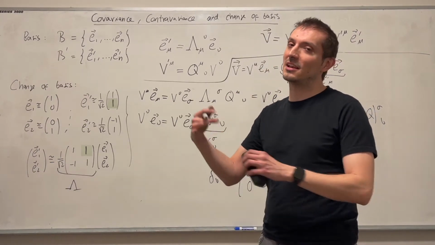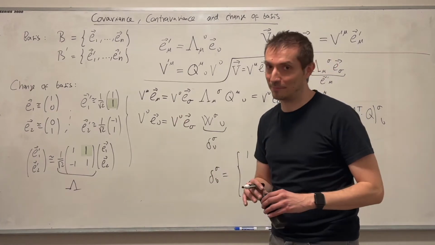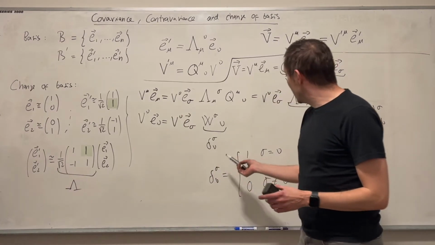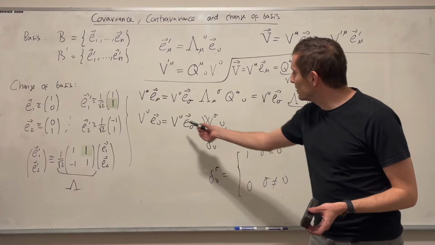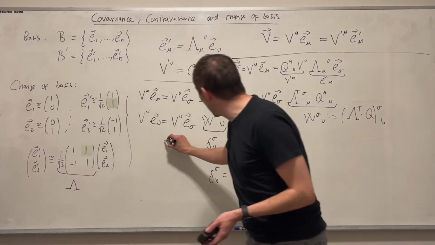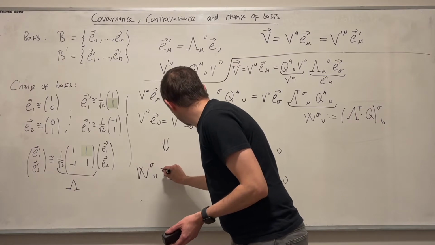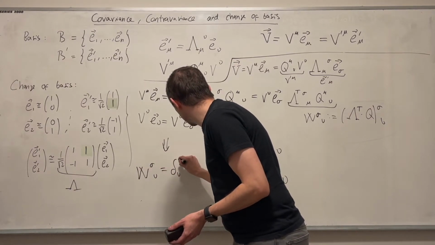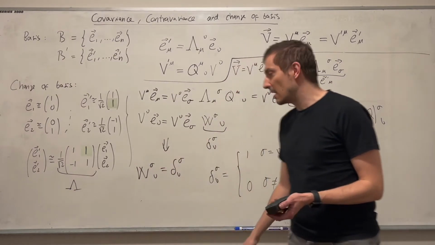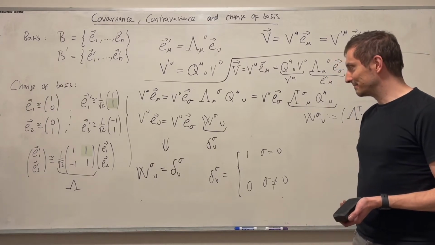We will discuss that more when we learn a little more. But for now, you see that if this thing is the delta, then the two things are equal. So this equation implies that W sigma nu has to be equal to delta, the identity.